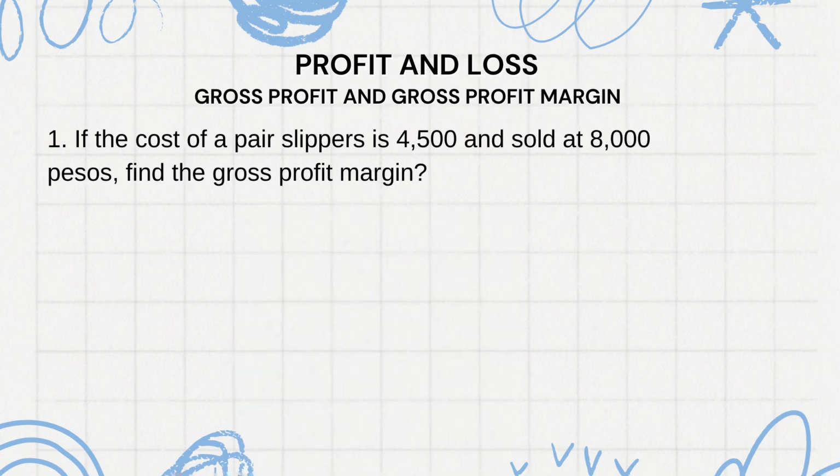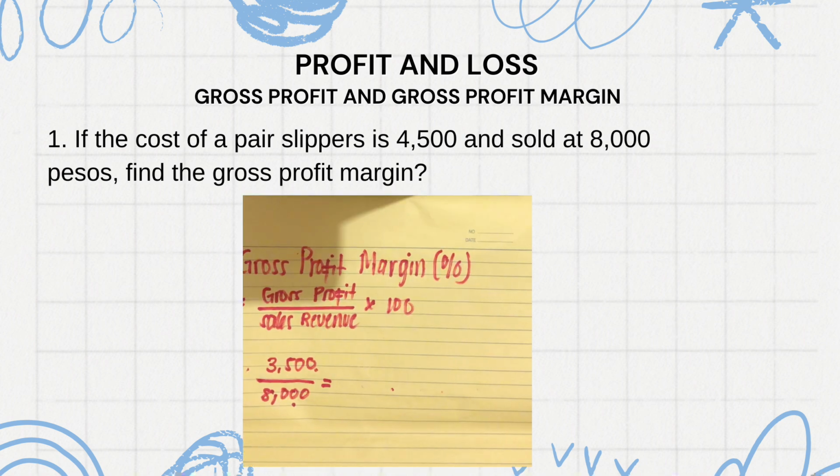The next is the gross profit margin. If the cost of a pair of slippers is 4,500 and sold at 8,000 pesos, find the gross profit margin. So here, we will find the percentage using the gross profit margin formula.